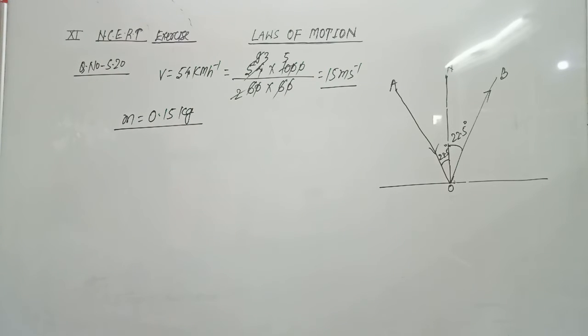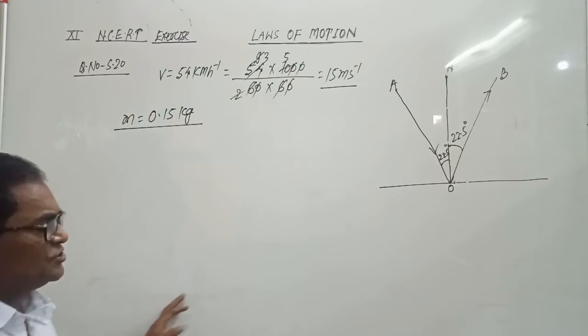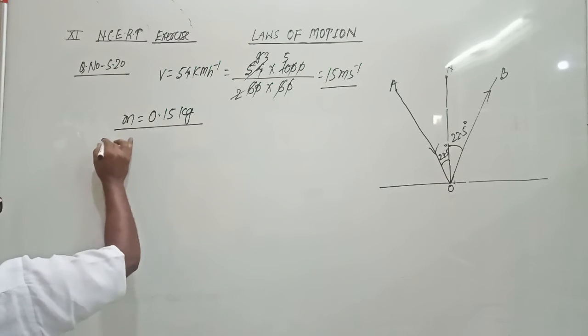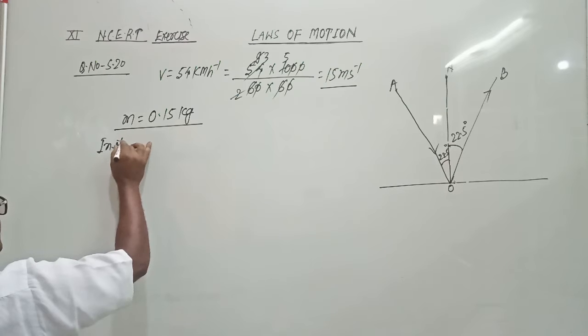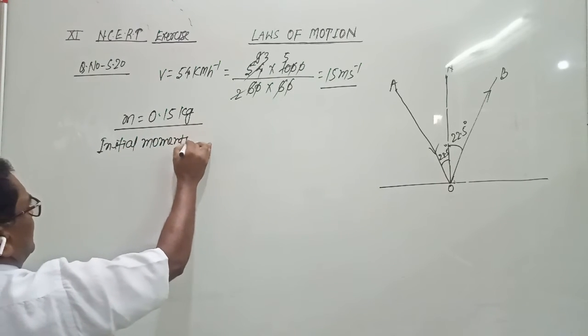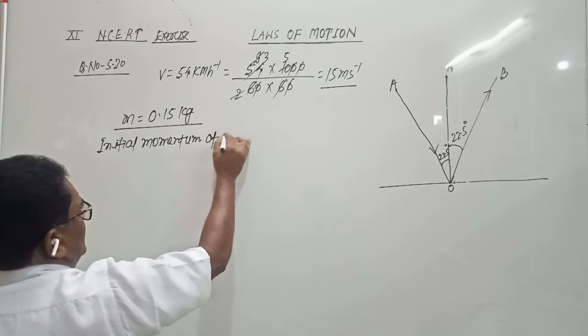So we have to find the impulse imparted to the ball, and impulse is equal to change in momentum. So first we calculate the initial momentum of the ball.